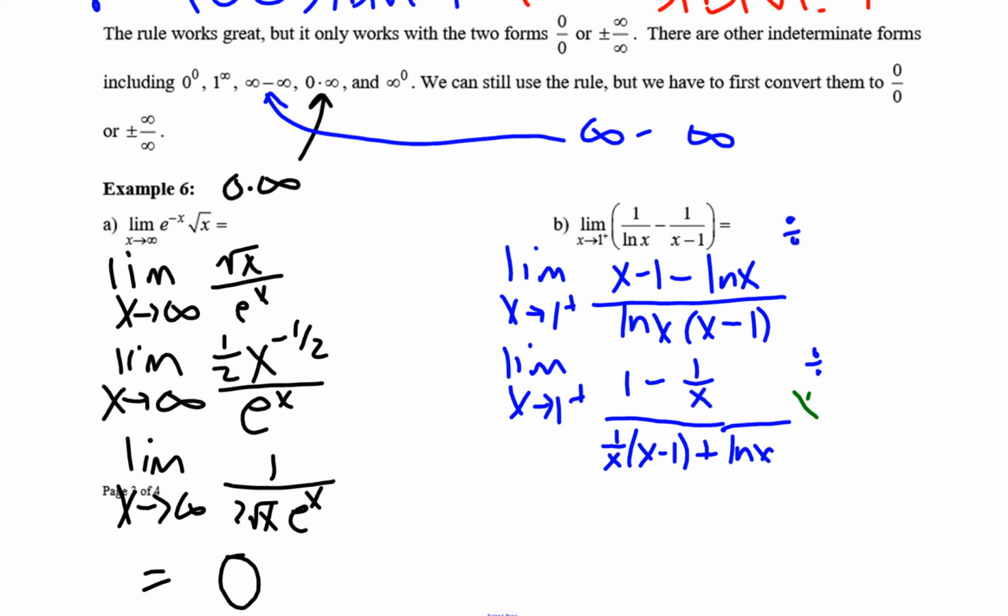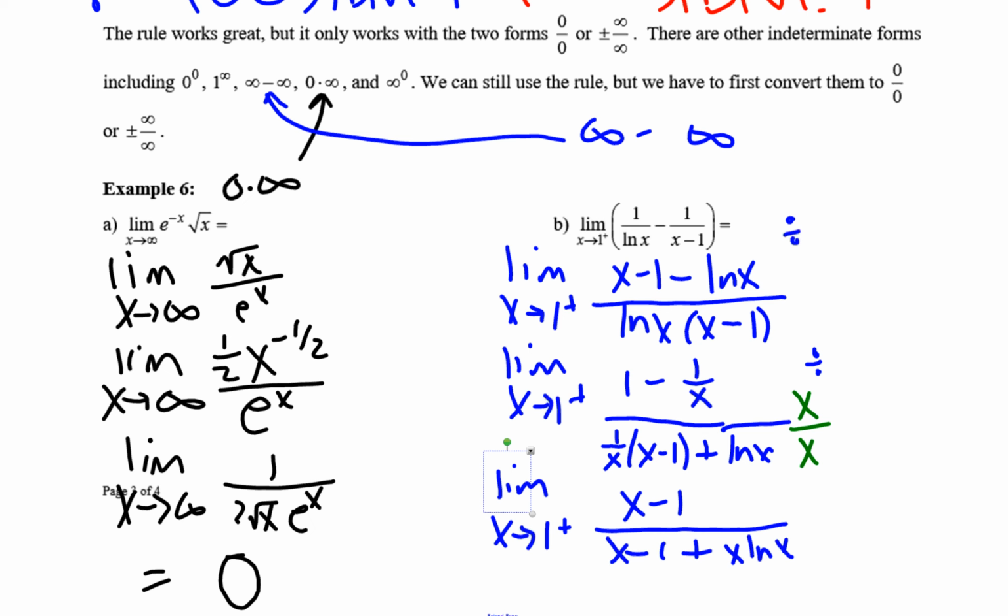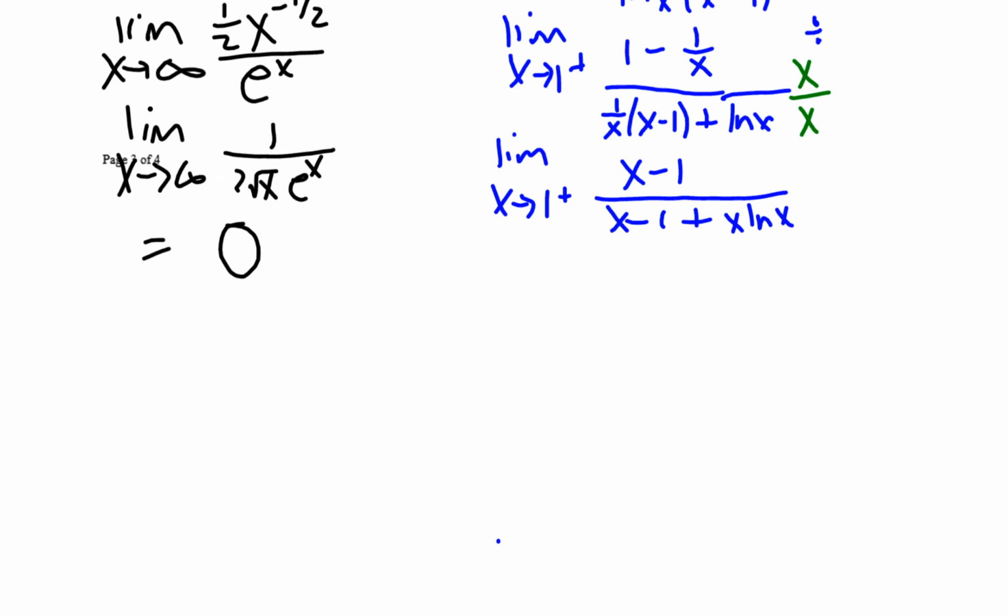We're going to multiply everything by x. So we get x minus 1 plus x ln x. I just rearranged it, so we're still not going to be able to plug in anything.